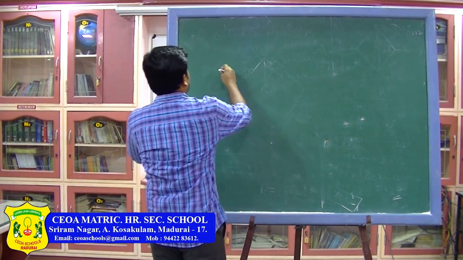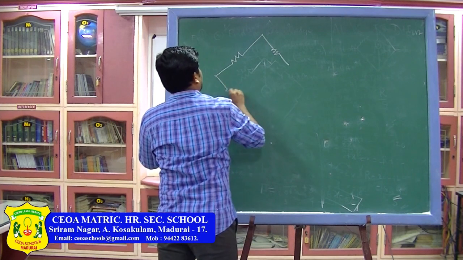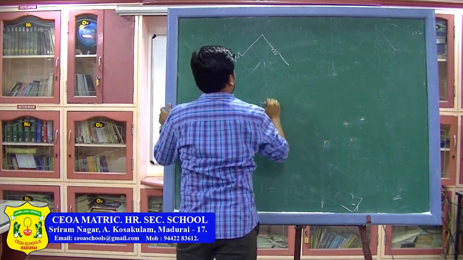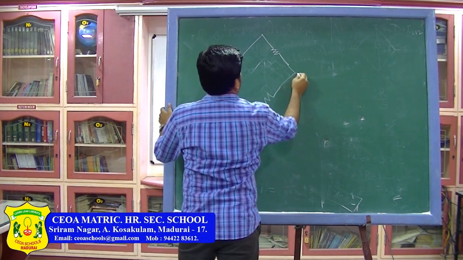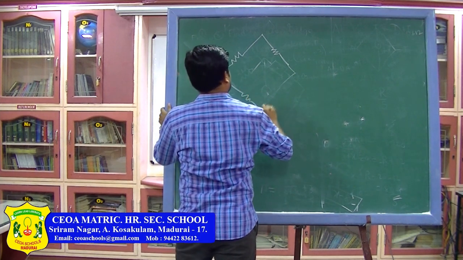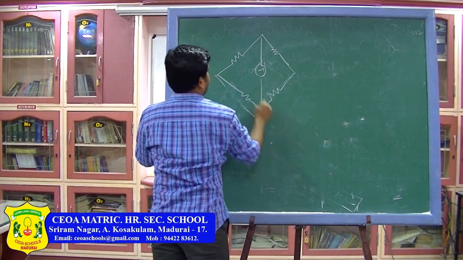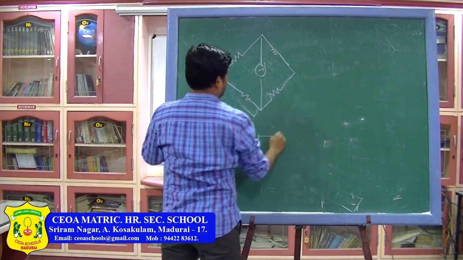So, this is the actual form of Wheatstone bridge network. Galvanometer and this battery, this is the network.